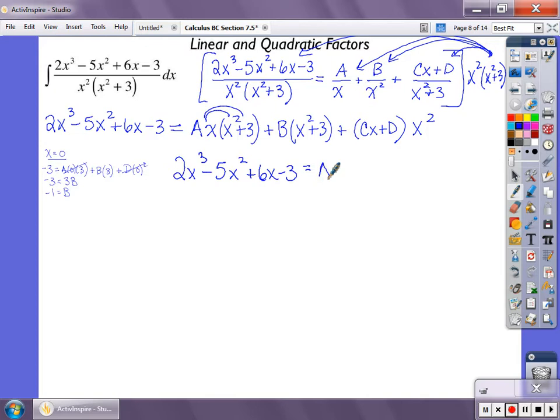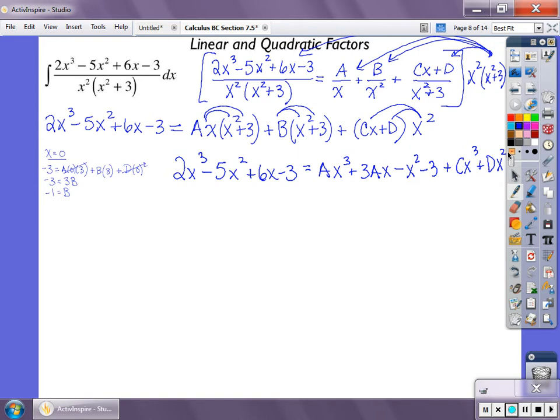We'll be left with ax cubed plus 3 times ax. Now I remember that b is negative 1, so this becomes negative x squared minus 3. And then I'm going to distribute my x squared, and get plus cx cubed plus dx squared.